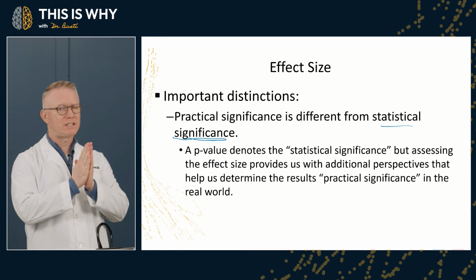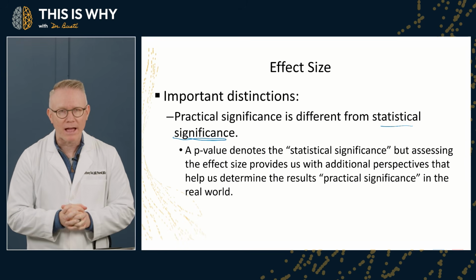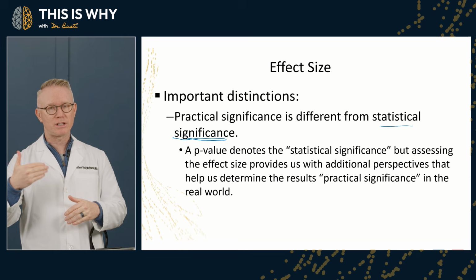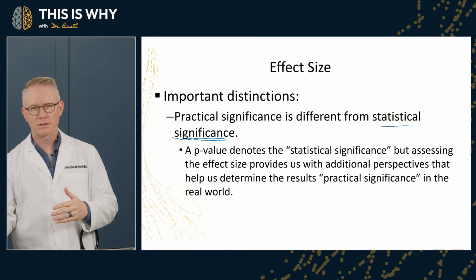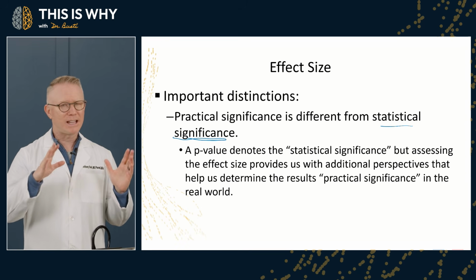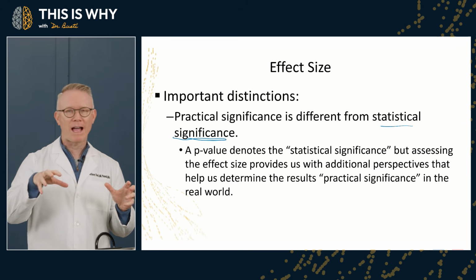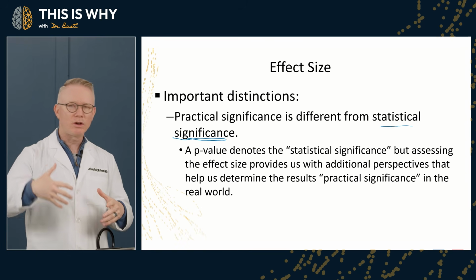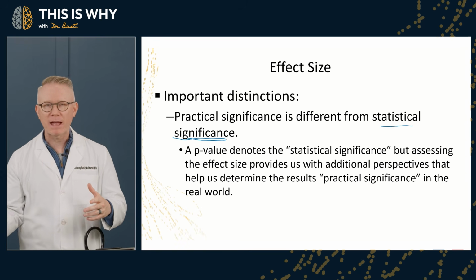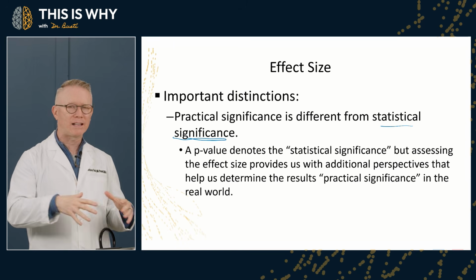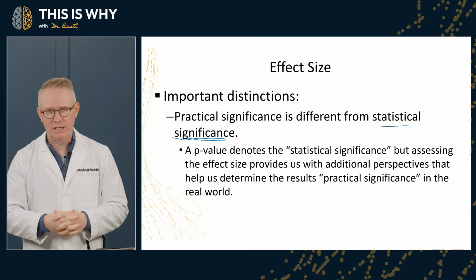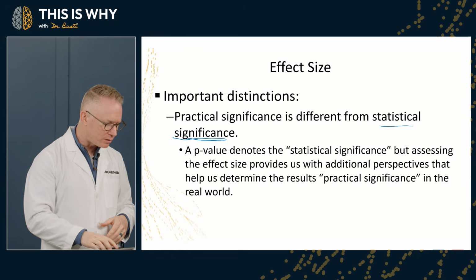Remember, with statistical significance, we get a p-value. And that denotes that something is statistically significant or not, right? But assessing that effect size provides us with additional angles, perspectives that help us to determine if the results are practically relevant or significant in the real world, okay?